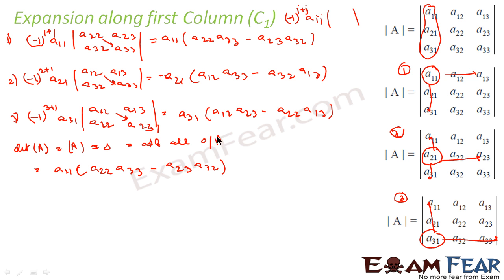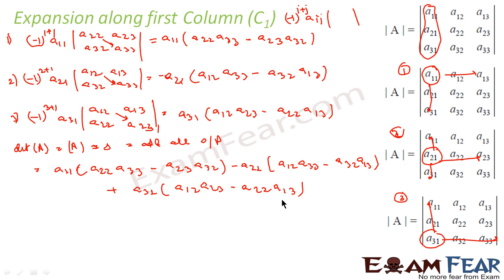Correct? Plus this guy, so plus and minus become minus: a21 into a12 a33 minus a32 a13, plus the last guy a31 into a12 a23 minus a22 a13.